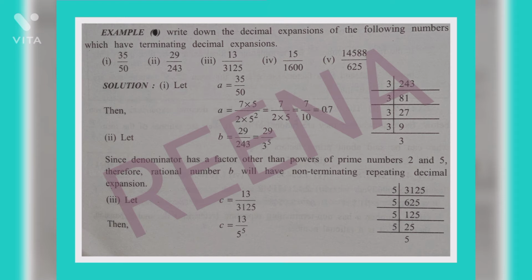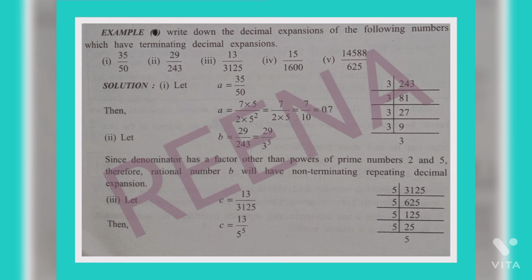If I have the denominator 3, that is not according to the question. Since the denominator has a factor other than powers of prime numbers 2 and 5, the rational number B will have a non-terminating repeating decimal expansion. So I need not write down the decimal expansion which is asked in the question.